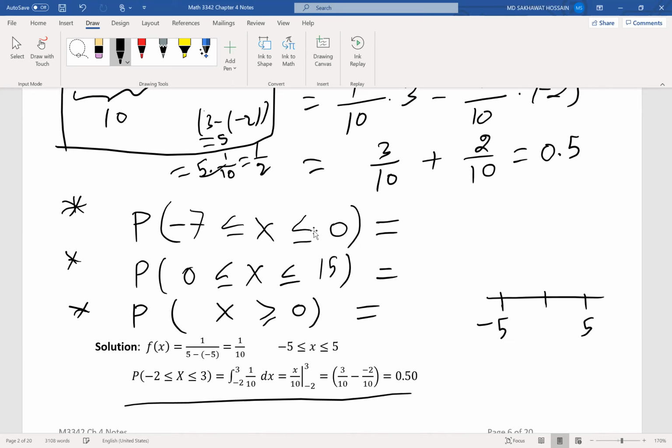So negative 5 to 5. For this part, the height is 1 over 10, and for the other parts, the function doesn't have any height because it is 0. Only from negative 5 to 5, the height is 1 over 10.